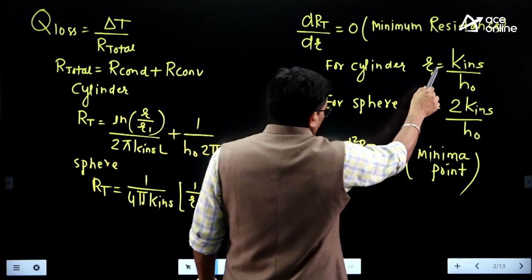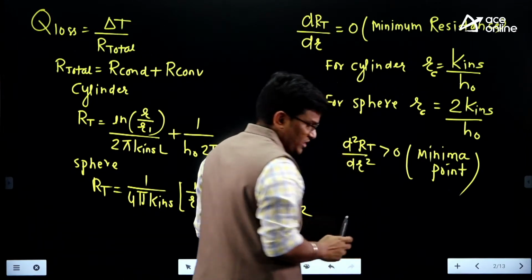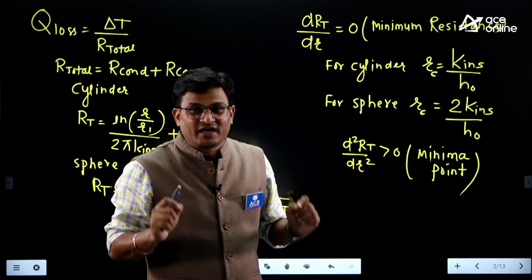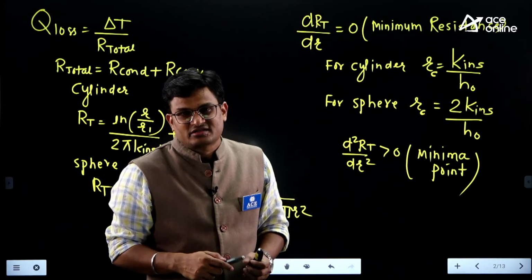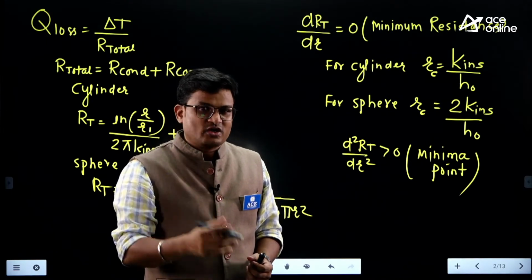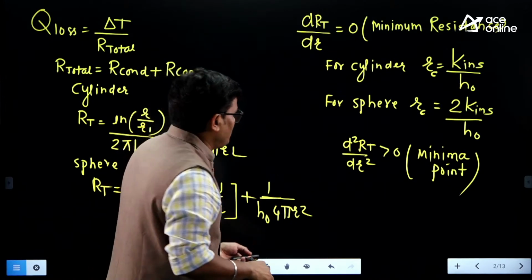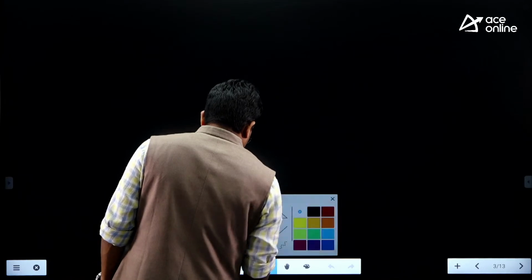So this radius says that at this radius the resistance is minimum and heat loss is maximum.